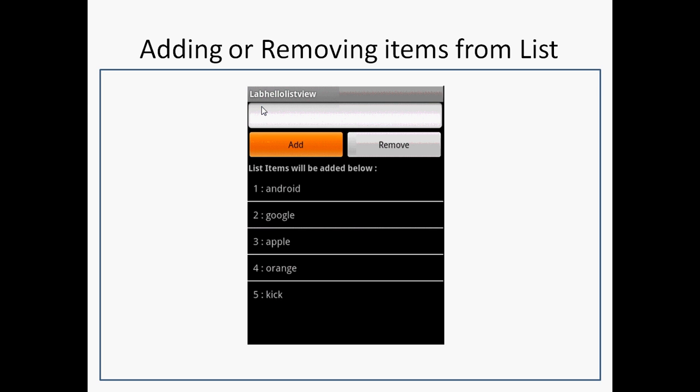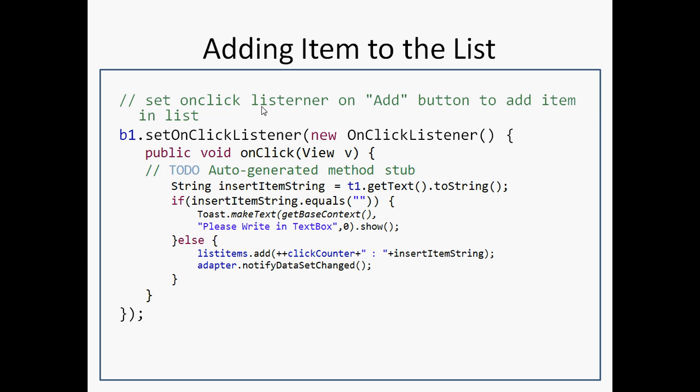If you want to add one more item, how can it be done? When a user types any string into the edit text and clicks on add, it will get that typed string from the edit text and add it to the list view.